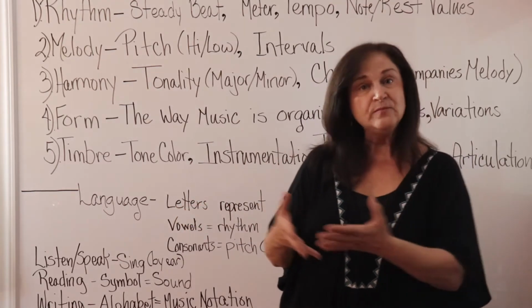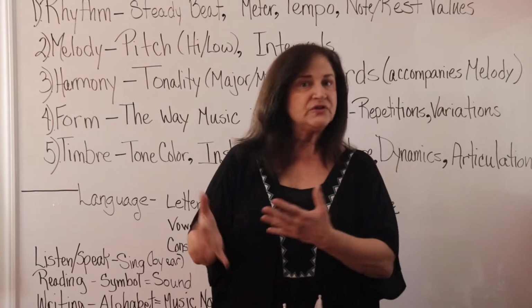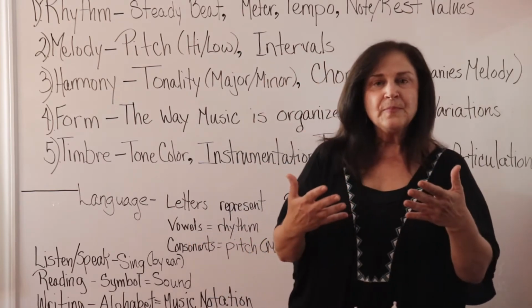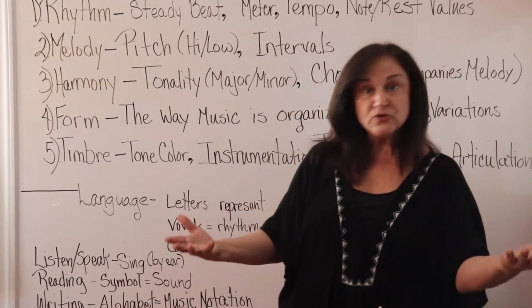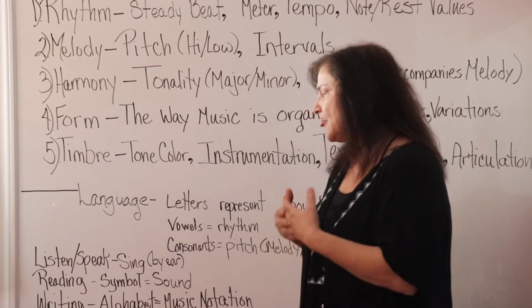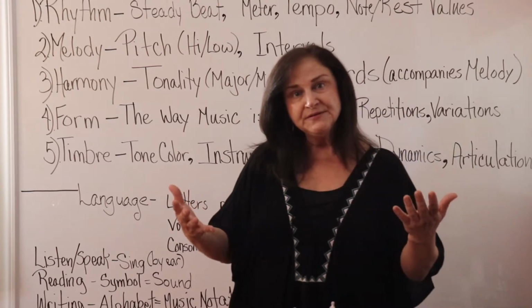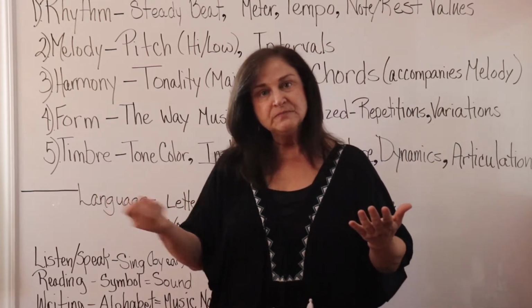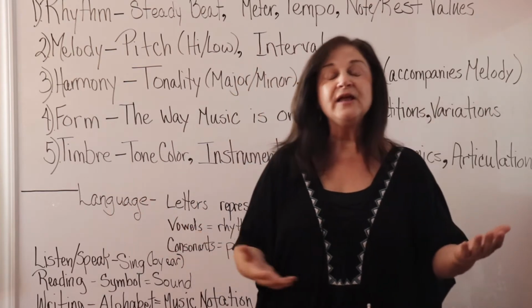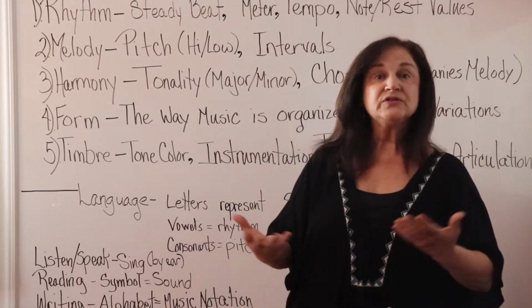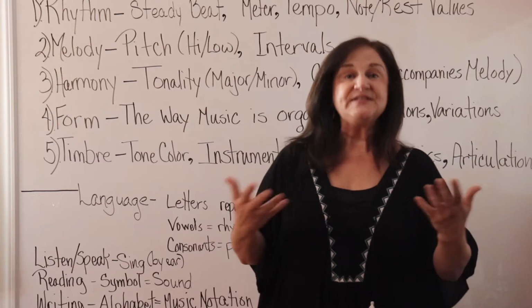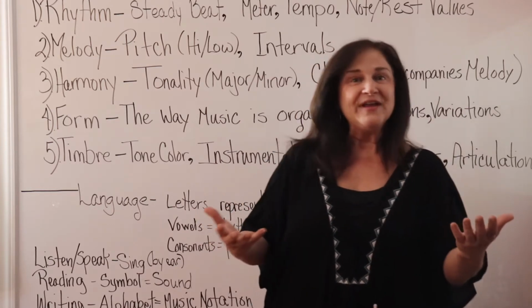We have symbols in music with notes and rhythms that create melodies or songs. When we write a language, we have an alphabet. In music, we have notes and rests that represent the story.